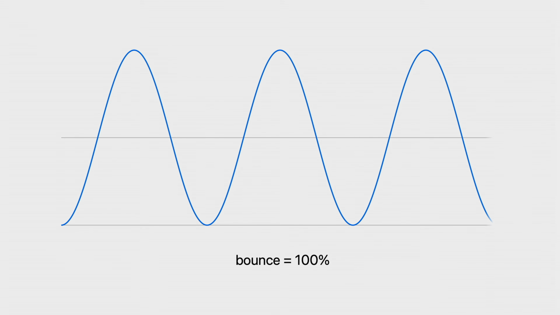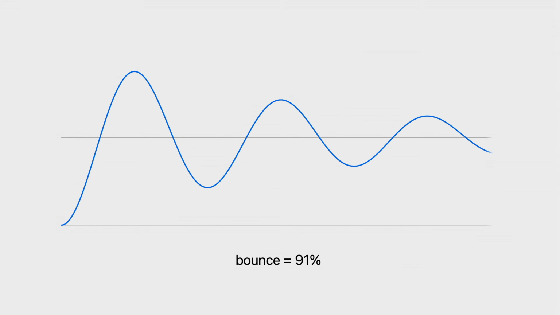The physical interpretation of this is that it's a spring that has no friction acting on it, so it oscillates forever without slowing down and never actually reaches its target position. As you'd expect, the math for this is pretty simple. It's just a cosine curve, and the time is divided by the duration. So for this bounce value, the duration corresponds exactly to the period of the curve.